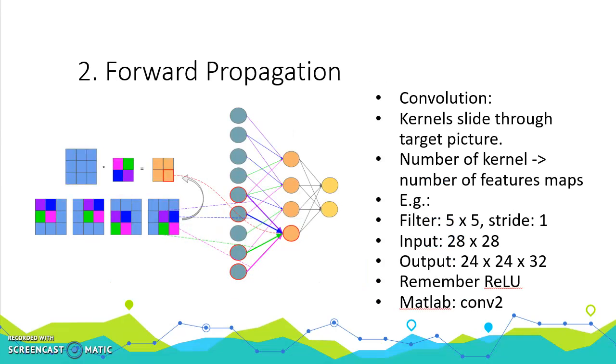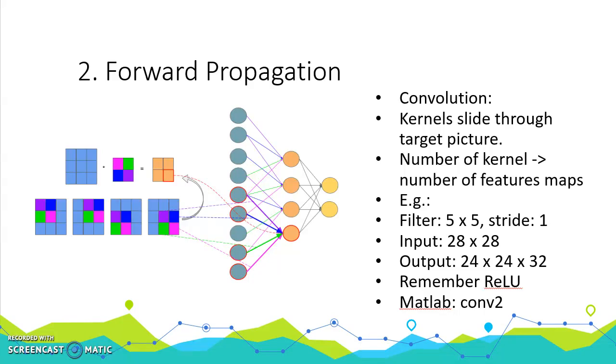For the forward propagation, we will use a kernel to slide through all the locations of the image and then extract the new useful features. They are called feature maps. So in this example, I use 32 kernels to slide through the image of 28 by 28.